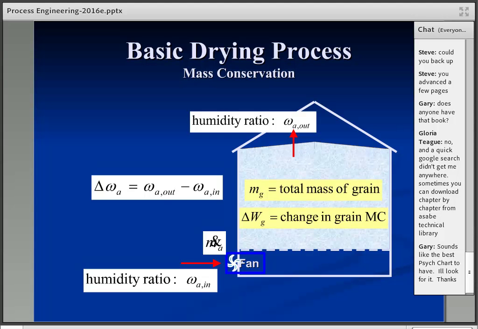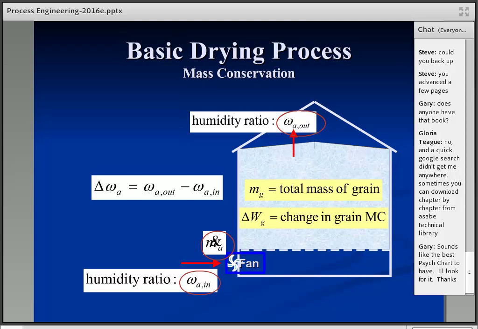So I've defined the terms on this slide. There's a mass flow rate of air down here. It should be m dot sub a. We've got the ampersand in here again. But the humidity ratio of the air coming in is this value. It's got a different humidity ratio coming out. So that is going to define how much moisture is added to the air that's doing the drying.